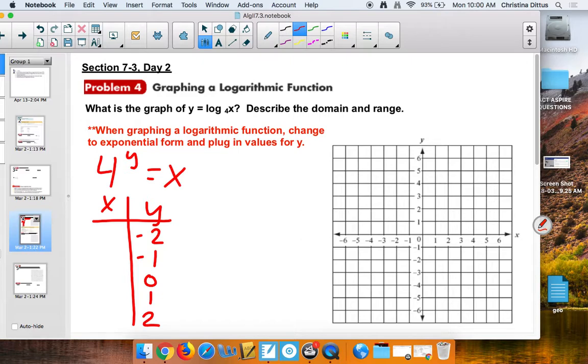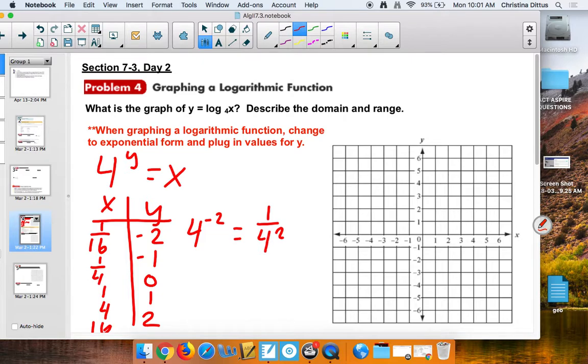Okay? From there, our answer gets in the x column. So you remember 4 to the -2 power is like 1 over 4 squared, which is what? 1 over 16. The next one's what? 1/4, and then, sorry, I can't remember.